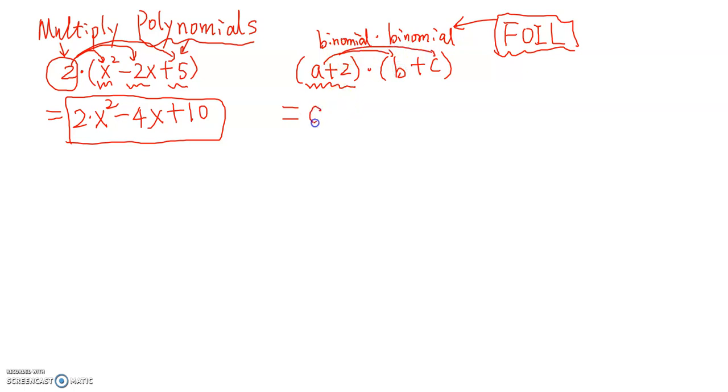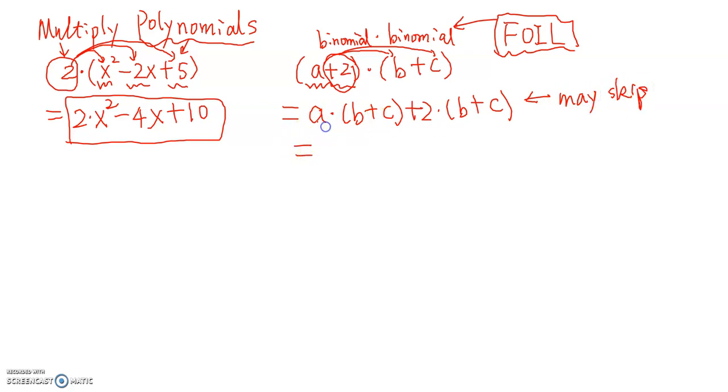I can slow down to do this: we are going to distribute a to the second parenthesis. And after you're done with that, you distribute a positive 2 to the second parenthesis. And this step, you may skip that. You can do that in your head.